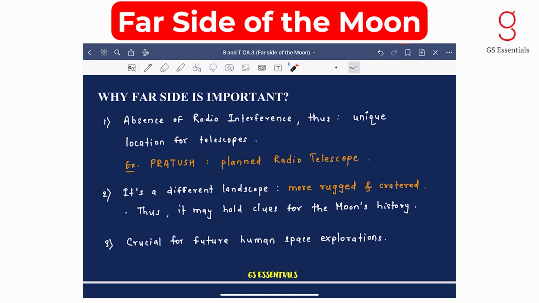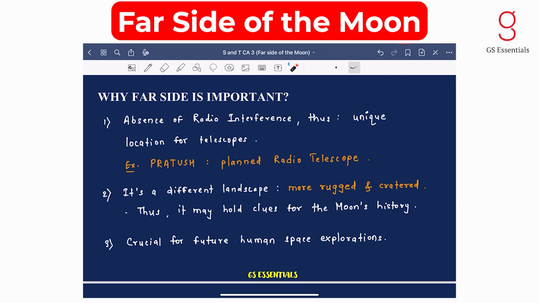And based on these telescopes, we will be able to observe the cosmos in a better way. In this regard, there is one telescope that is being planned by the Raman Research Institute and ISRO, and that telescope is known as Pratyush. It is a planned radio telescope for the far side of the moon.